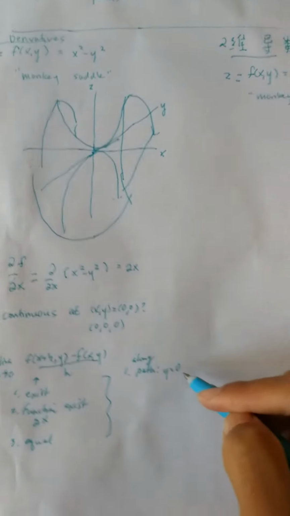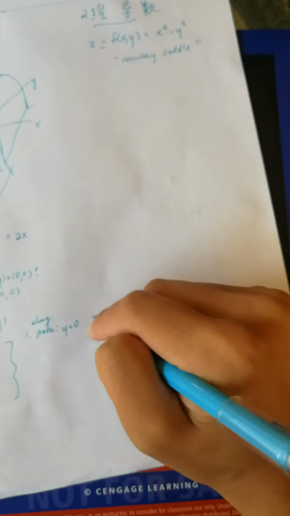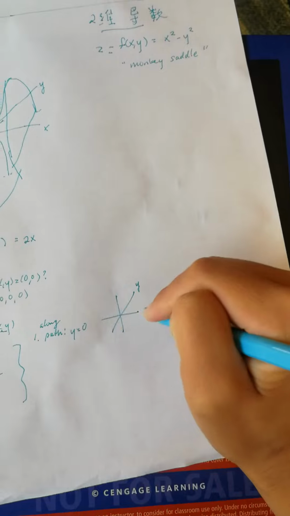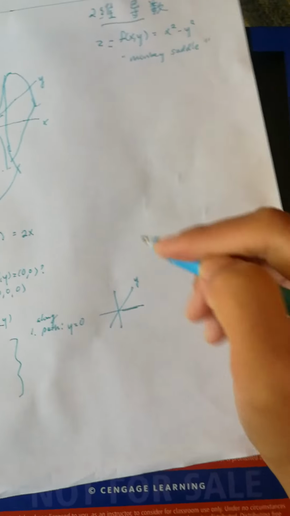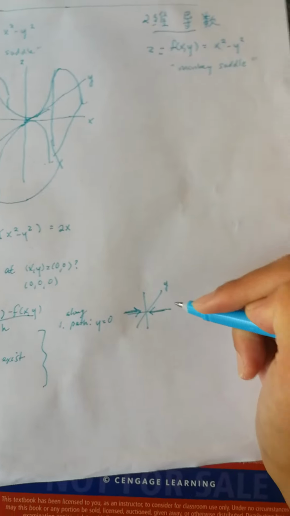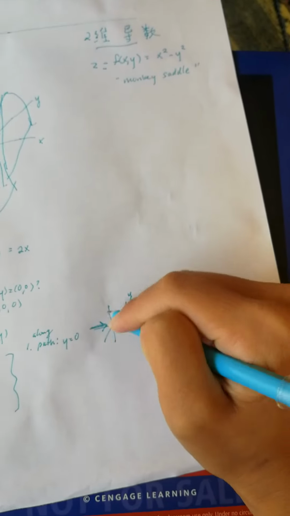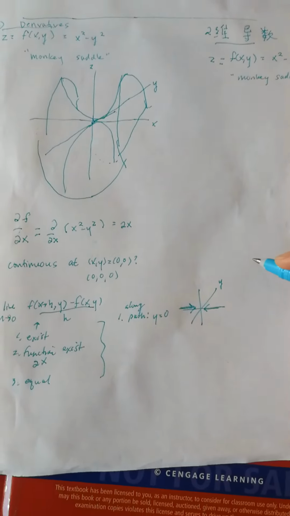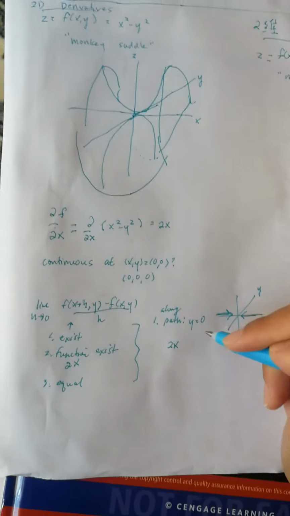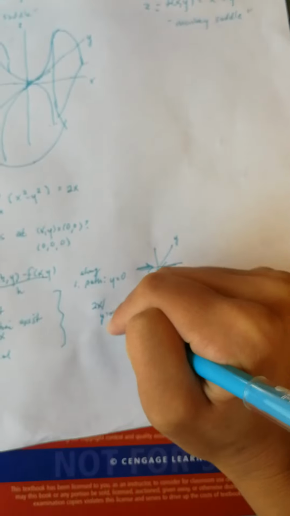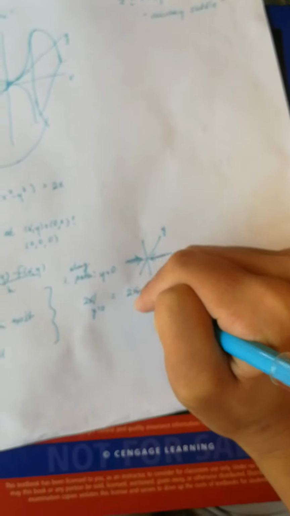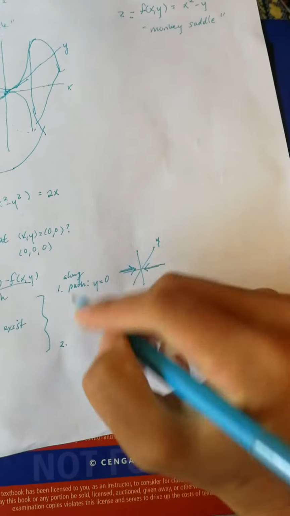So along the path y equals 0, here's y, we're going to go along this way and find the limit of the partial derivative of f. Well, then you just plug in 2x, and when y equals 0, that equals still 2x.